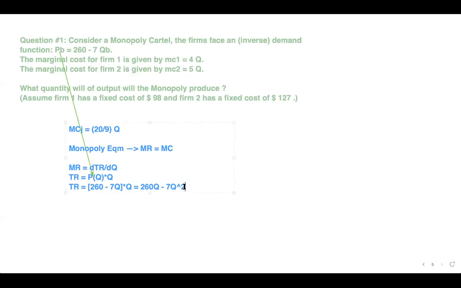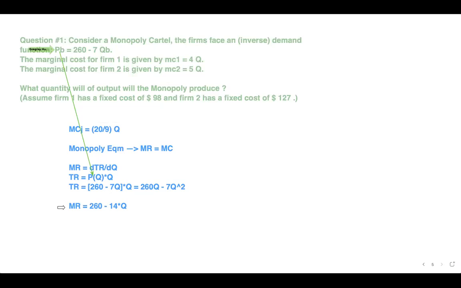And then, sure enough, because this is a quadratic, if we take the derivative, we'll get what you said was the result, which is marginal revenue is equal to 260 minus 14 times Q. And that's what you got, right, Ben? Yes. And I want to point out for anybody who's not comfortable with calculus, because it's not required, in this class we'll always be dealing with linear demand curves.